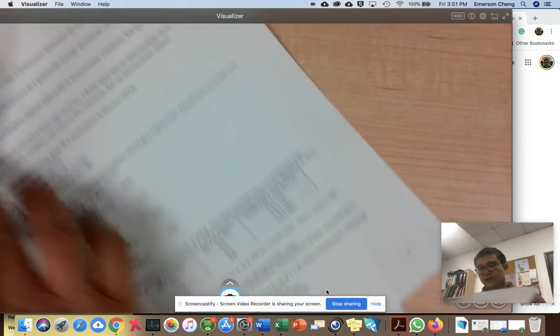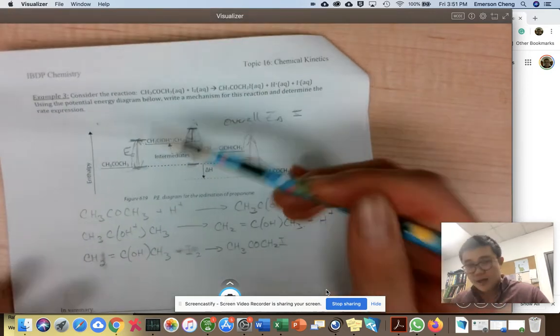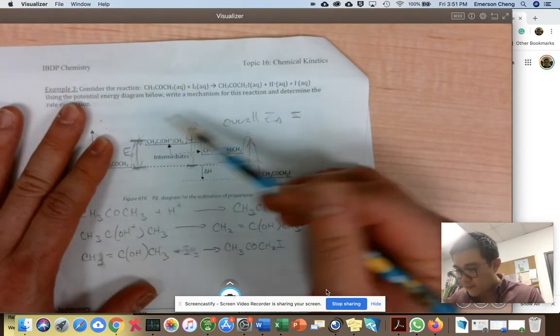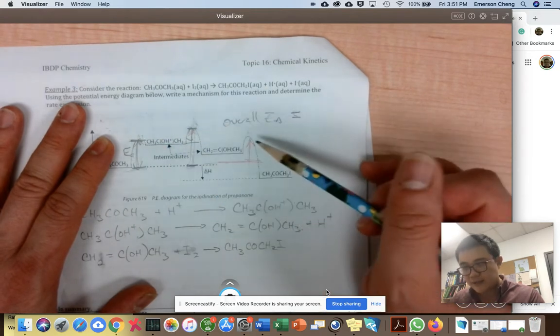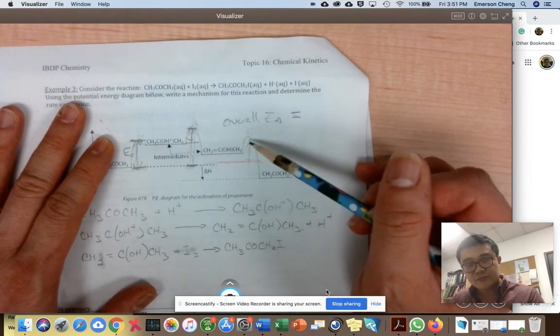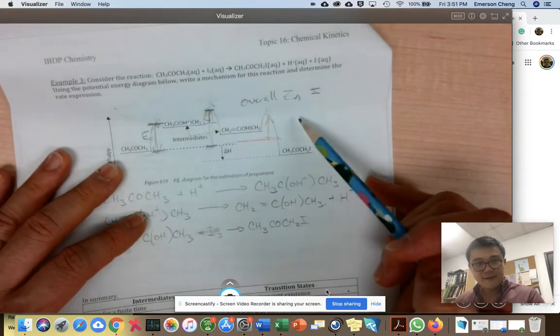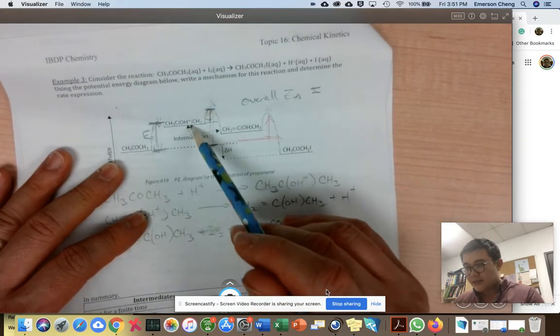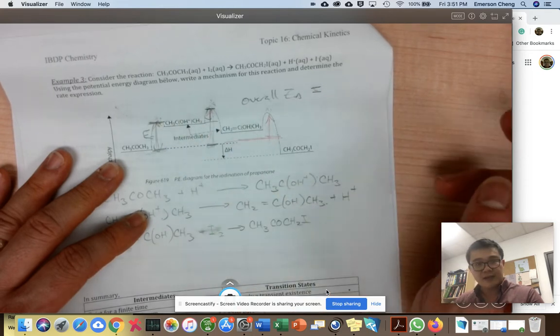If you look at a potential energy diagram, as we said before in class, every time you have a peak, that's where the activated complex is. These here are the intermediates. These here on the peak are the activated states.